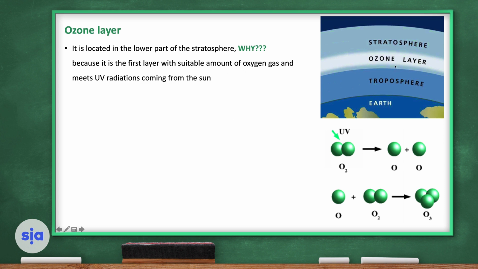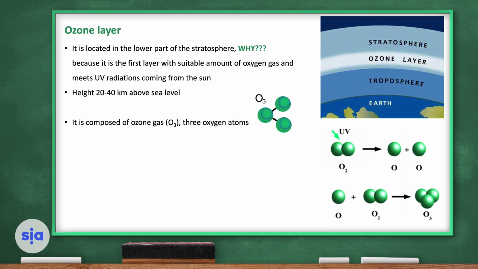It's in the lower part because it is the first layer with suitable amount of oxygen gas and meets ultraviolet radiations coming from the sun. The ozone layer is 20 to 40 kilometers above the sea level. And it is composed of 3 oxygen atoms.